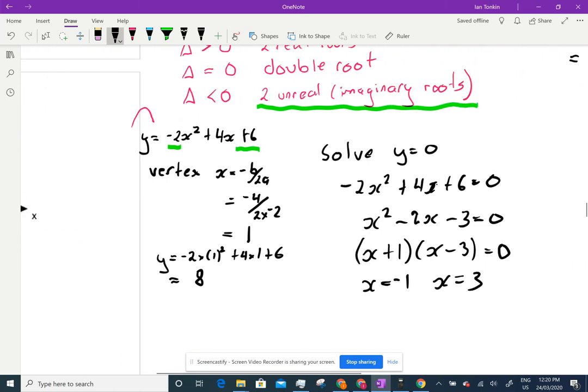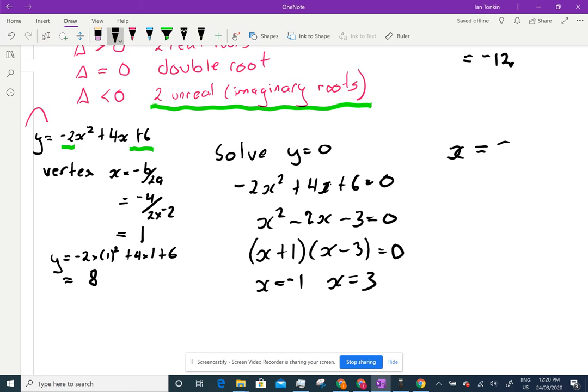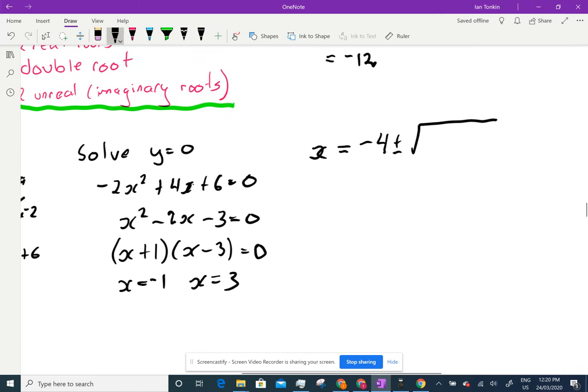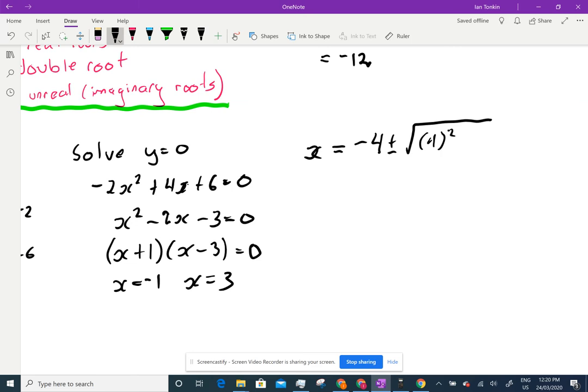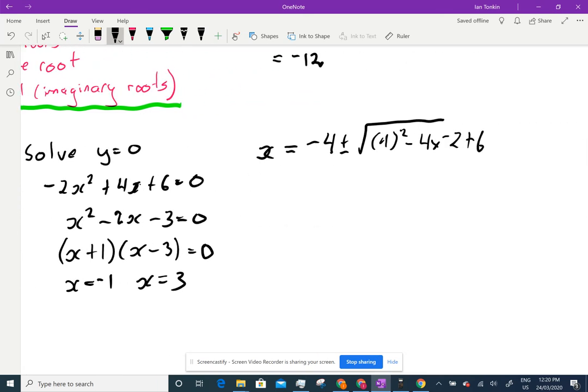But if you use a quadratic formula, x equals negative b. So I'm going back to the original equation, negative b, negative 4, plus or minus the square root of b squared. Okay, so 4 squared, always put it in brackets. B squared minus 4ac, so 4 times negative 2 plus 6 all over 2 times negative 2.